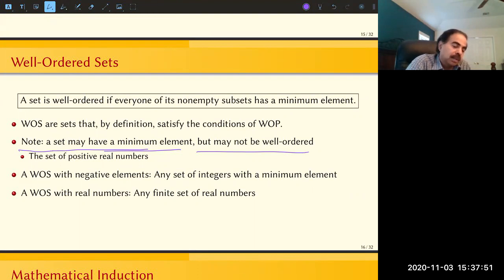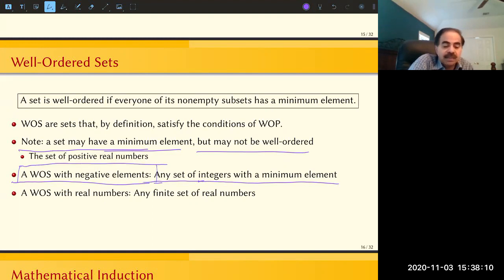So to give a positive example of a well ordered set, you can construct a well ordered set that contains negative elements. If you take any set of integers with a minimum element, then that is going to satisfy the property.